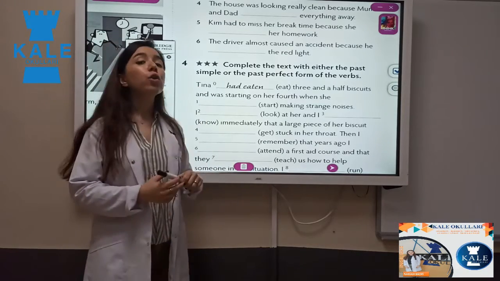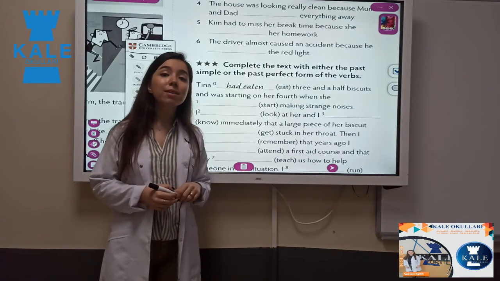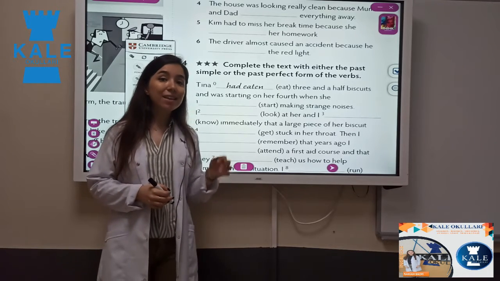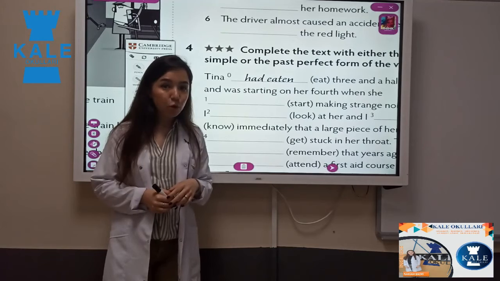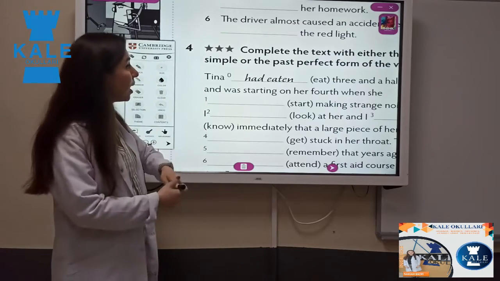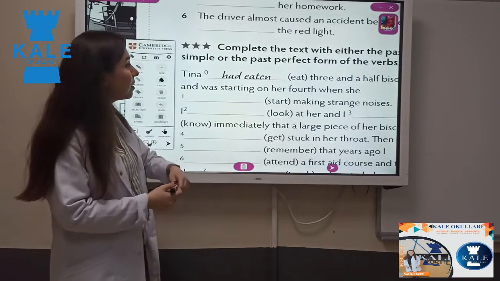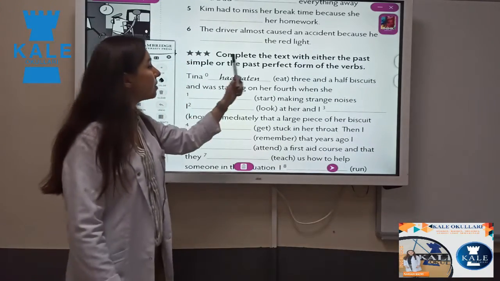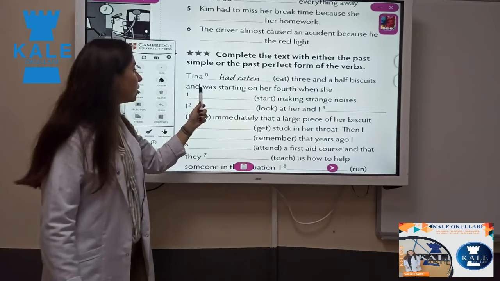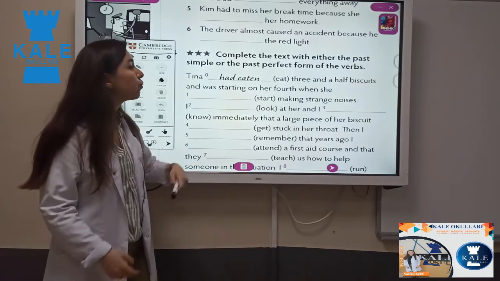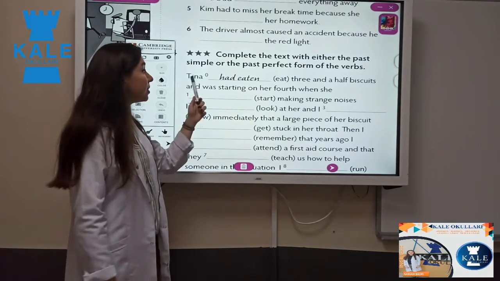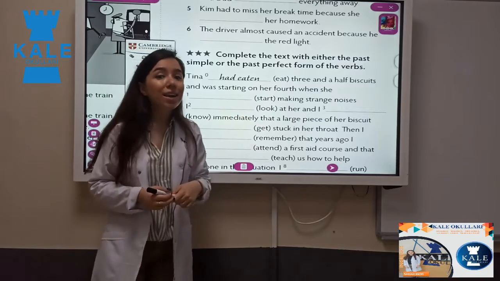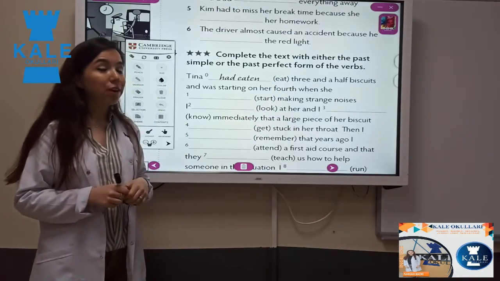Look at here, and you know how we are going to make the past perfect simple. Had plus the past participle form of the verb. Tina had eaten, let's do it like this. Tina had eaten 3½ biscuits and was starting on her 4th when she, look at here, Tina had eaten. Why here do we use past perfect simple?